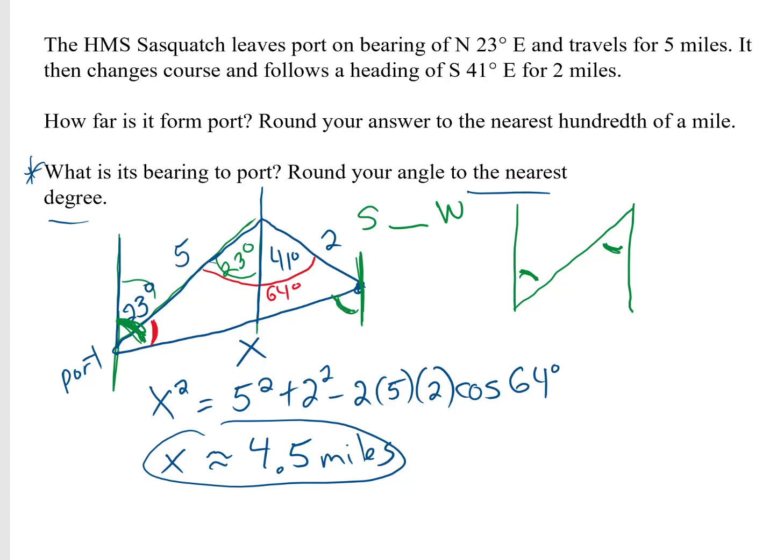So I can do that with the law of sines. Let's just call it theta. So we've got sine theta over 2 equals, let's do our angle and side opposite a pair, sine 64 over 4.5.